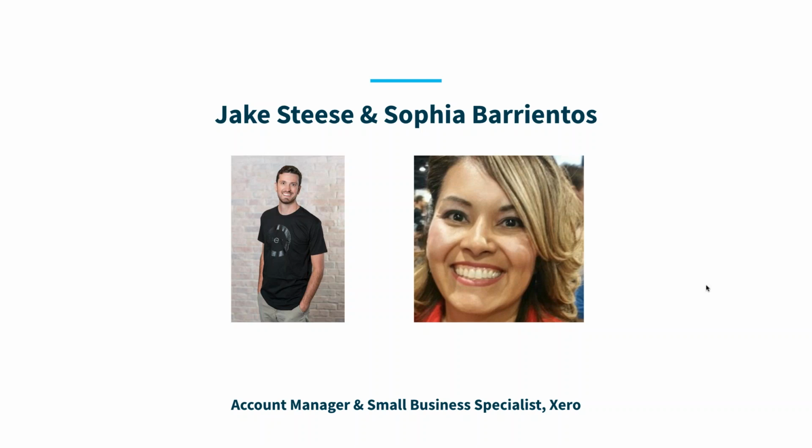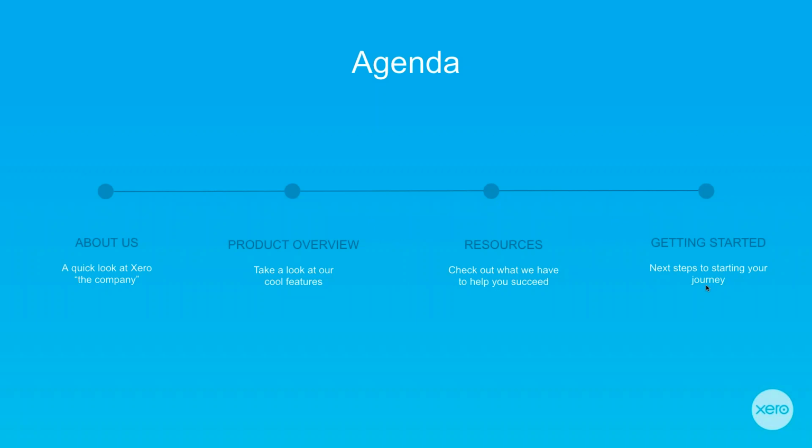So we'll launch into an agenda here and tell you a little bit more about what we're going to cover today. First off, we will start with just a quick look at Xero, how we got started, who we are, and what we stand for. Then I'll hand it over to Sophia, and we'll dive a closer look into the actual product itself, show you a few key features and areas in which we really think that small businesses will thrive.